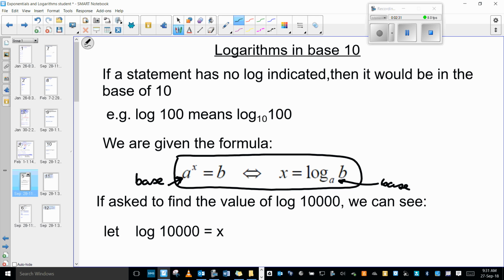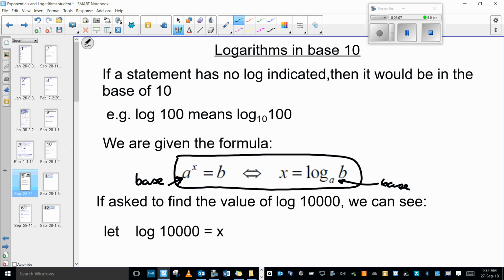It's written in a different position, as you can see, but our log base is always written subscript next to the word log. I then always just remember that my power is separated, and that's going to come on the other side, and whatever it was equal to is now attached to my log statement. As I say, you don't need to remember this, but the more you do it, and the less you have to look at this formula, the easier it becomes.